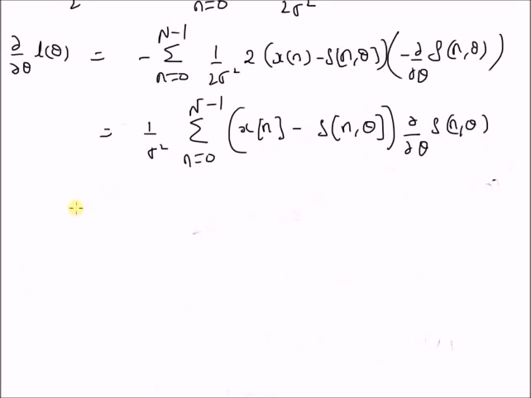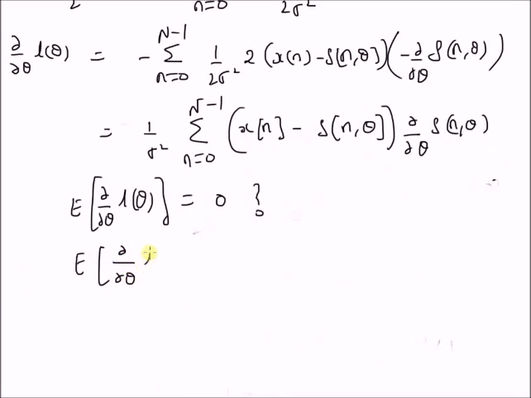Now we want to verify the regularity condition. That is, we want to see whether the expectation of the first derivative is equal to 0 or not. So let us verify the expectation. Let us evaluate the expectation, which is equal to 1 by sigma square summation n equal to 0 to n minus 1.